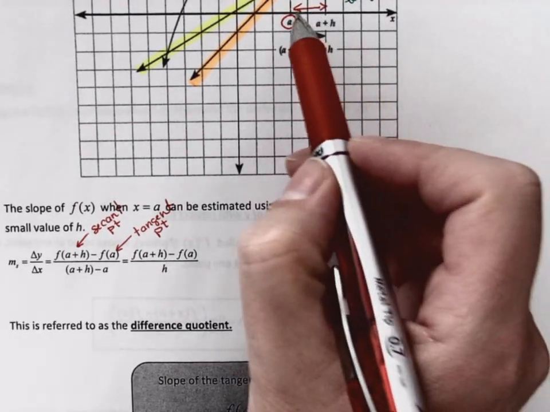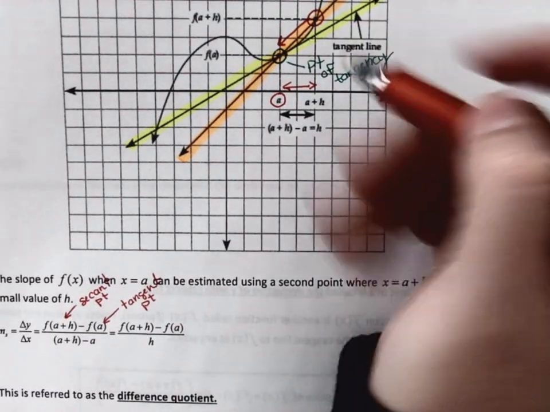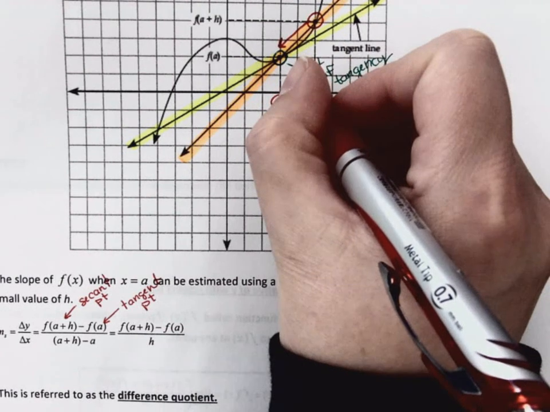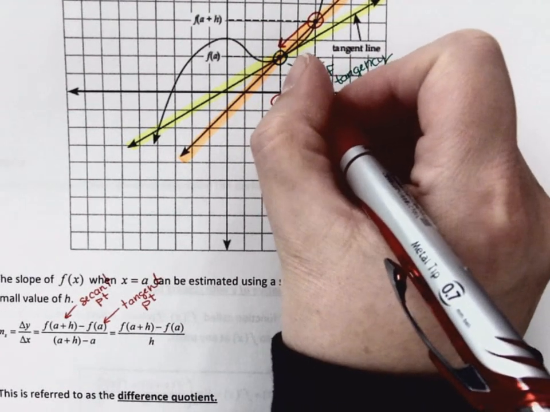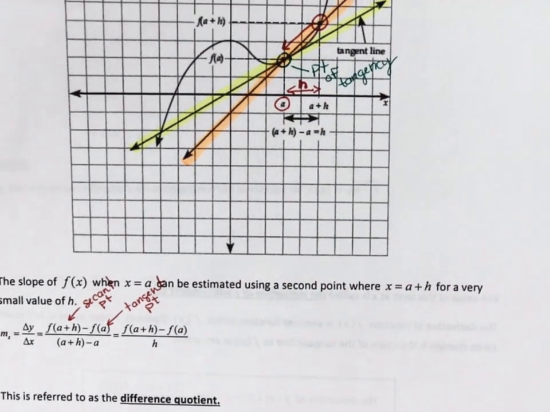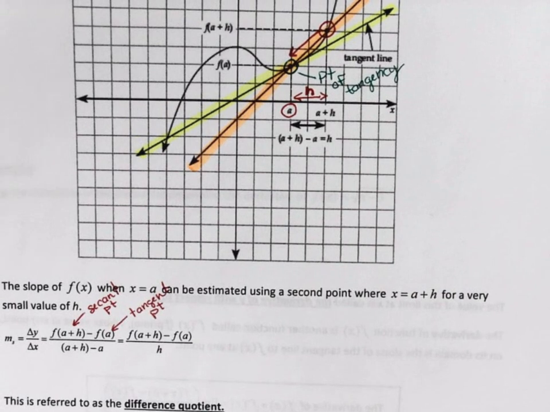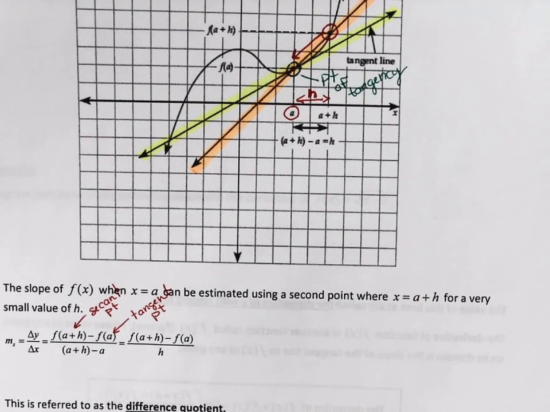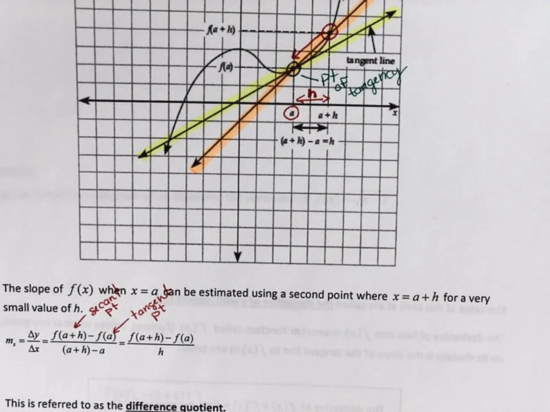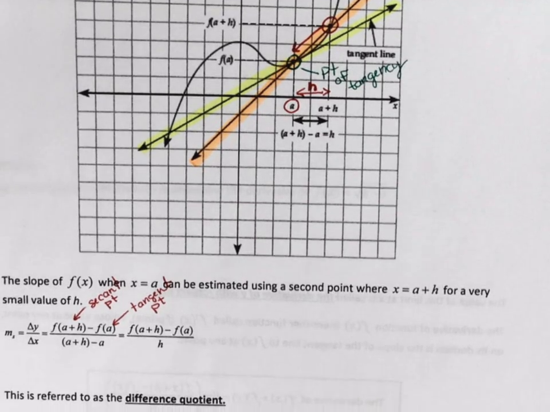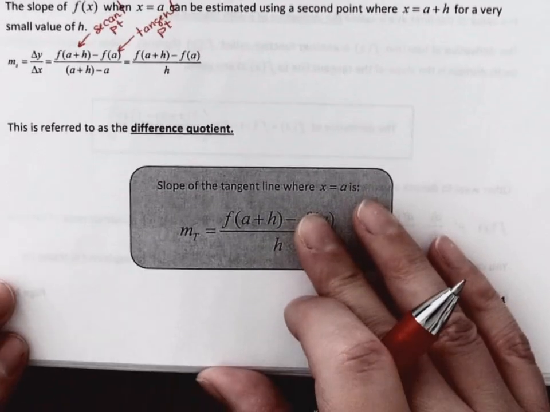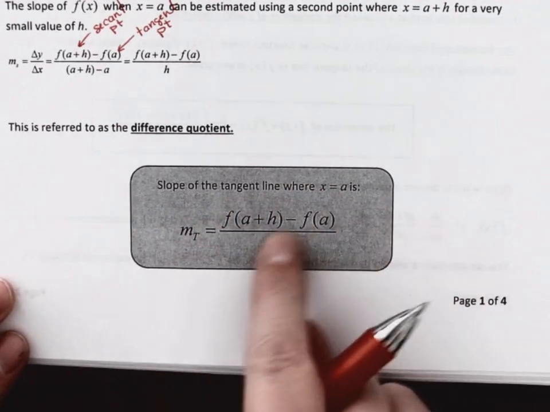So what's happening right here is a distance of h. And our goal is to get h really, really small, so it's really, really close to that point of tangency. And we've done this before in our table of values, right? We go by really, really tiny increments. So this is just what we did the other day.